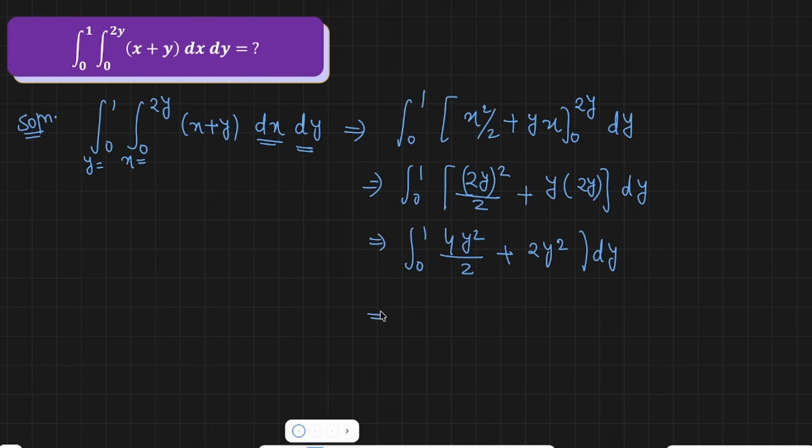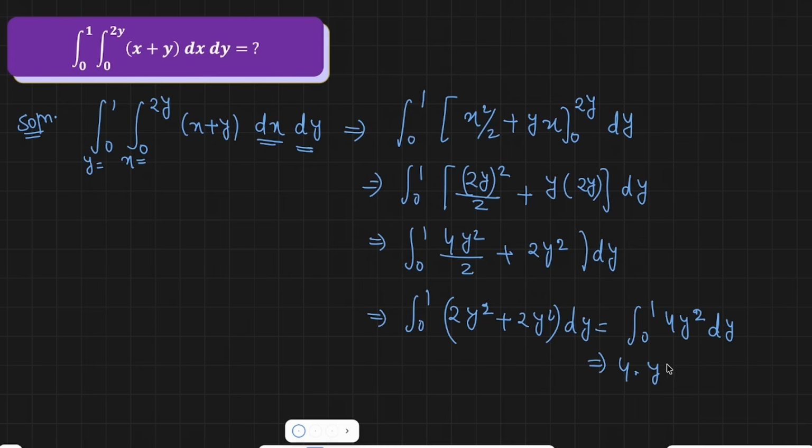Then it is 0 to 1, 2y square plus 2y square dy, and it is nothing but 0 to 1 of 4y square dy. And when you solve this, 4 into y cube by 3, with 0 to 1 as the limit, that will be 4 by 3. This is your answer. So without drawing the graph you can solve this, but I will give you the graph.